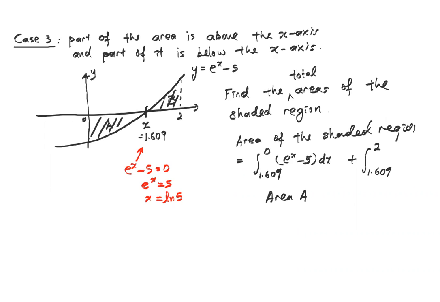Because the area is below the x-axis, correct? Okay, so e to the power x minus 5. You can use your graphic calculator, use your FNINT and add these two up. You can type it down exactly, and if this one is in Y1, you just call out Y1. Are you clear? Okay, you may do so.